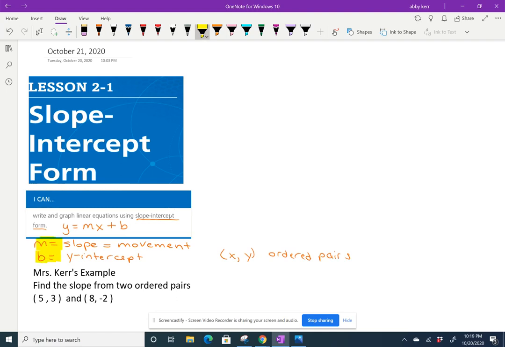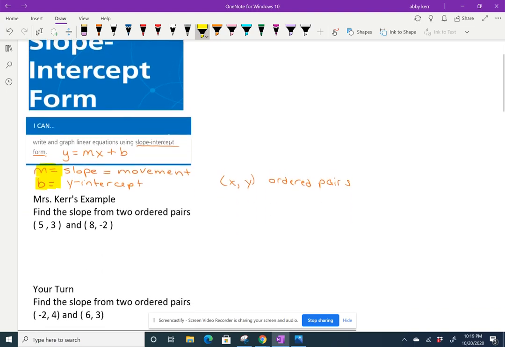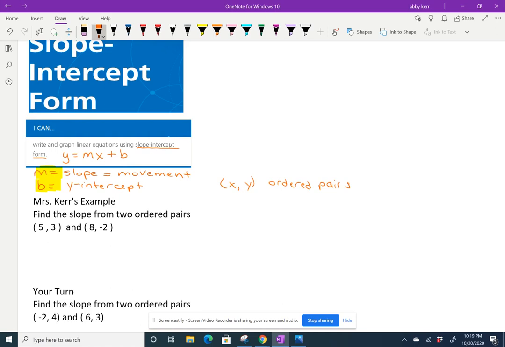Now it says find the slope from 2 ordered pairs. So to find the movement, which is our m, we need to recall the slope formula. So that is y sub 2 minus y sub 1 over x sub 2 minus x sub 1. So that is called the slope formula.